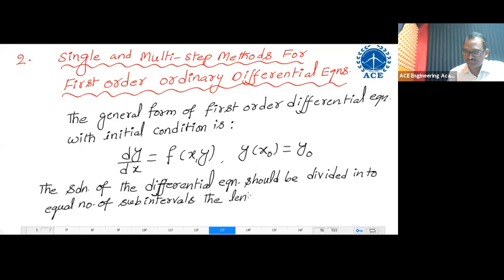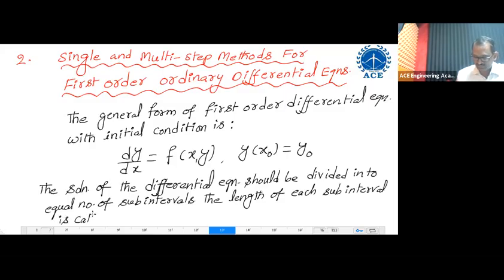Remember, the length of each subinterval is called step size or step length.